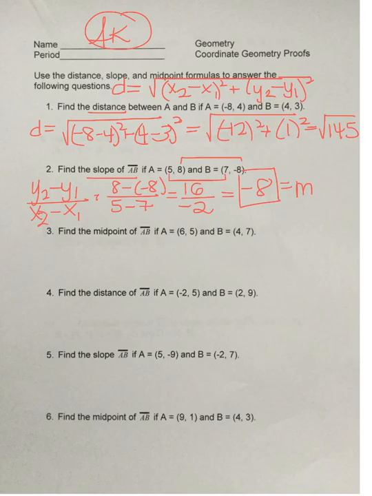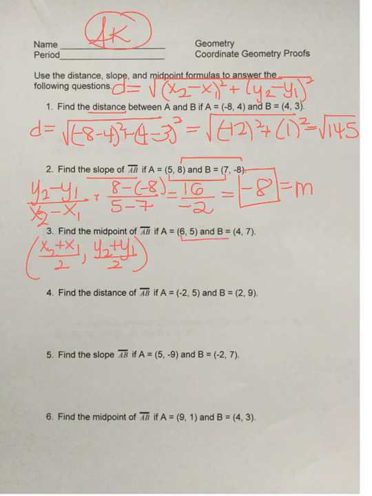And slope is represented by m. Midpoint. The formula for that is you take the two x values, add them, and divide by 2, and then you take the two y values and add them and divide by 2. This is a coordinate, so the midpoint is in fact a coordinate, not just one single value.